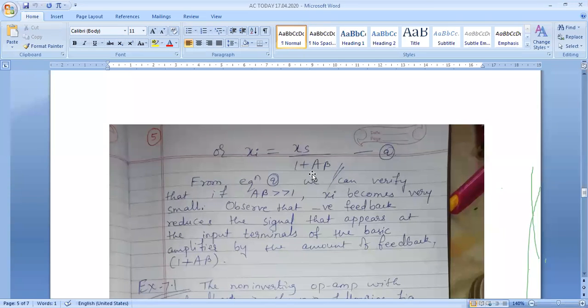So what we can observe from this analysis is that negative feedback reduces the signal that appears at the input terminals of the basic amplifier, by an amount of 1 plus A beta. This is known as the amount of feedback used.